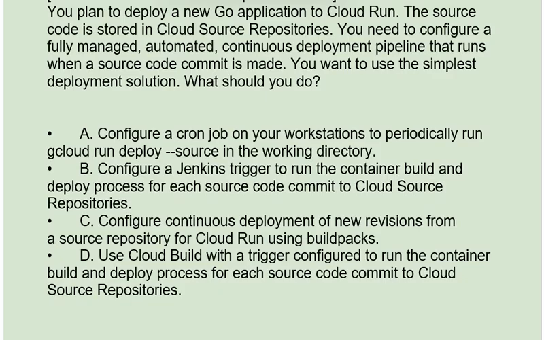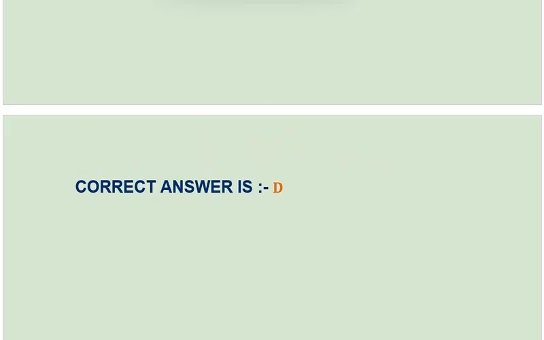Option C. Configure continuous deployment of new revisions from a source repository for Cloud Run using build packs. Option D. Use Cloud Build with a trigger configured to run the container build and deploy process for each source code commit to cloud source repositories. Correct answer is option D.